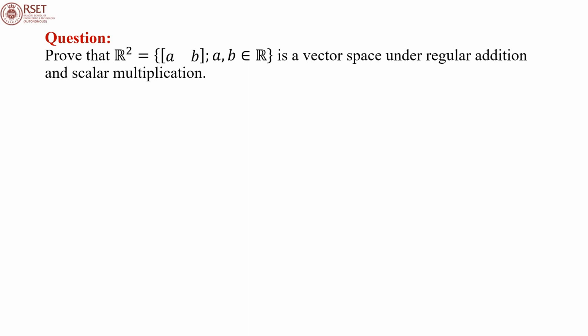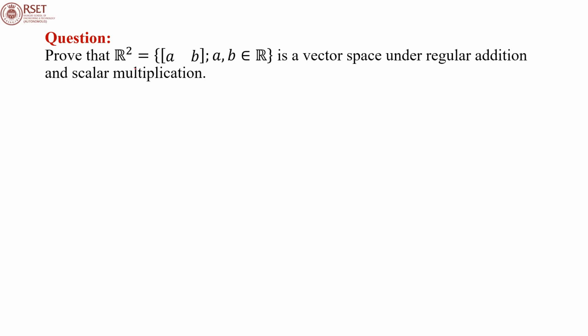Prove that R2, meaning the set of all elements of the form (a, b), 1 by 2 matrices (a, b) such that a and b are real numbers, is a vector space under regular addition and scalar multiplication.